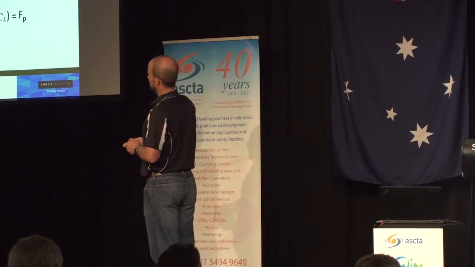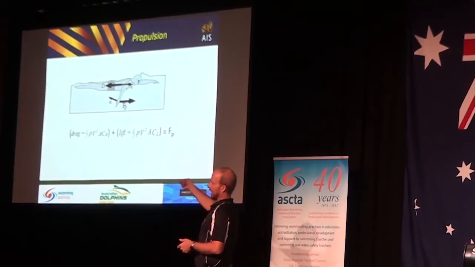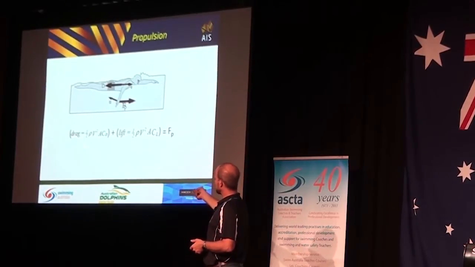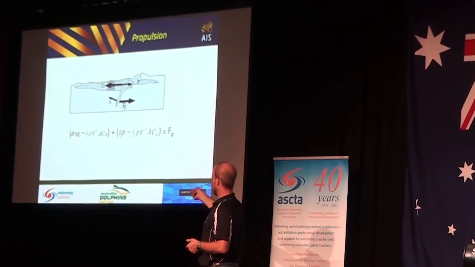You're talking about a propulsive force that's got a drag component and a lift component, okay? And then you have drag force in general. But when we're talking about propulsion, we probably should call that, I don't know, front to back or something, just to differentiate it a little bit.